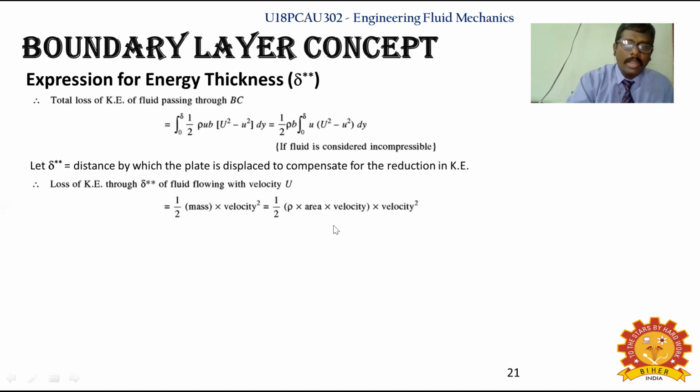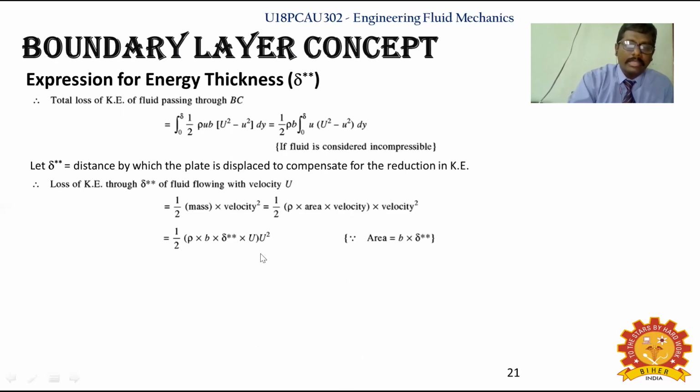Now substituting the rho value and the area for this energy thickness consideration, you have b into delta double star. There we put a momentum thickness theta; now instead of theta we put delta double star. That is the difference.